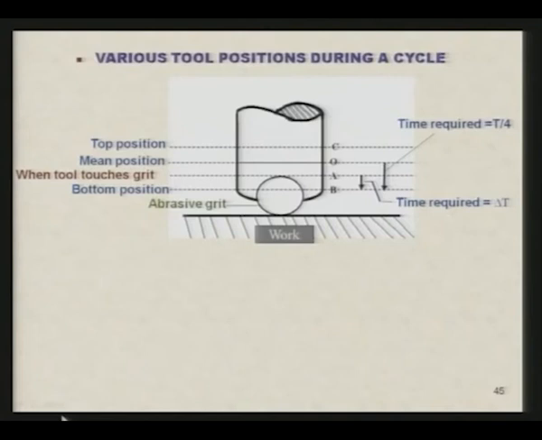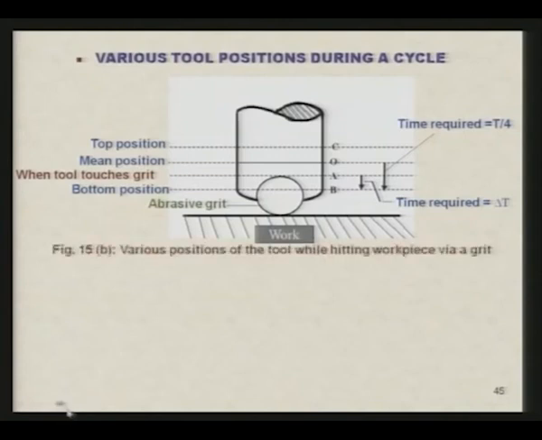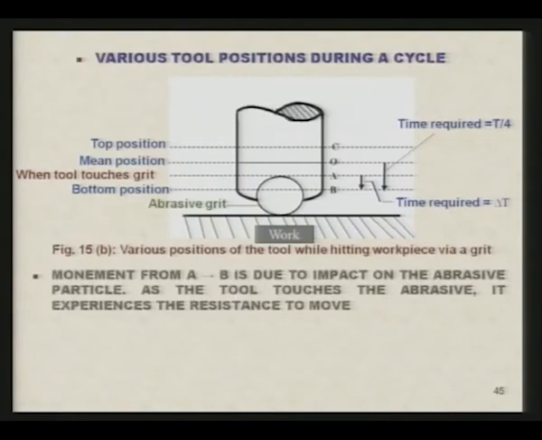The cycle time is capital T and the time required for moving from O to B is T by 4, and the time during which abrasive, tool and workpiece are in contact with each other is delta T. The movement from A to B is due to impact on the abrasive particle. As the tool touches the abrasive, it experiences resistance to move.